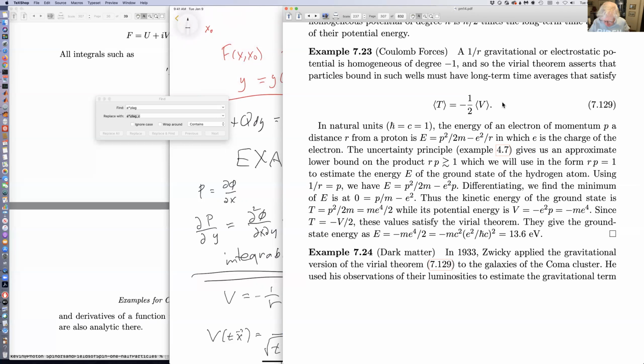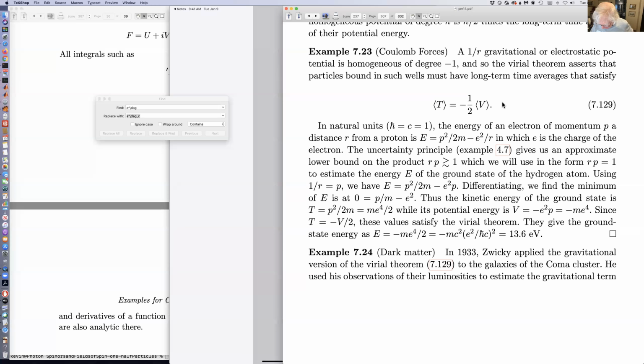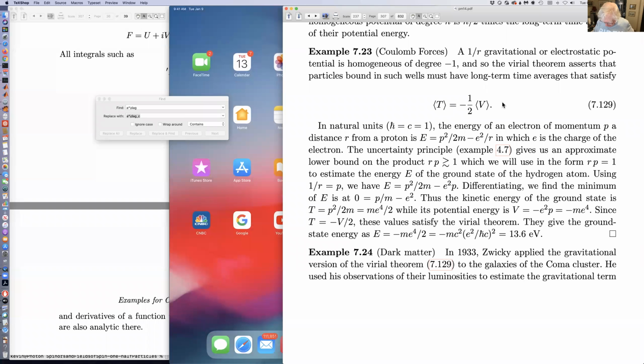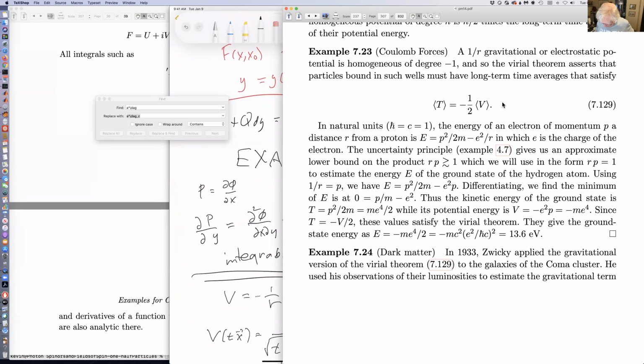No, this is giving me the pencil settings. All right, maybe I go back here and double tap. Well, that might do it.